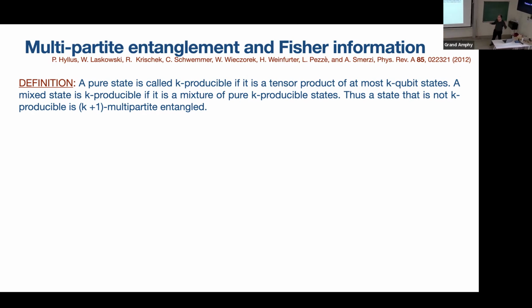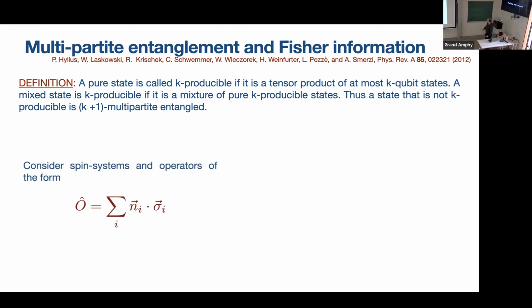So there are clusters of qubits which cannot be further decomposed into smaller clusters. In the example of 3 qubits I gave you yesterday, GHZ states are genuinely tripartite entangled states.